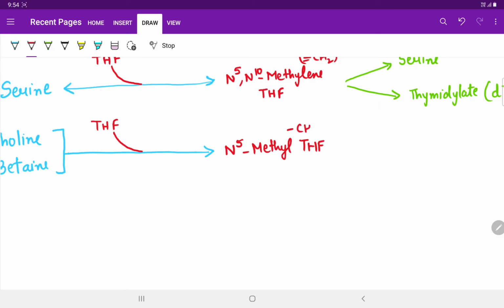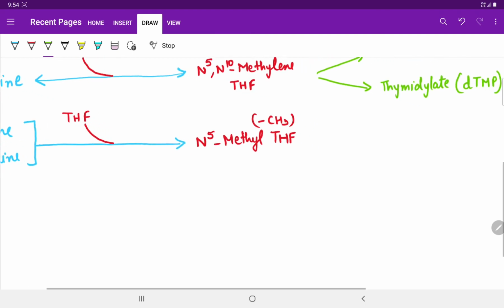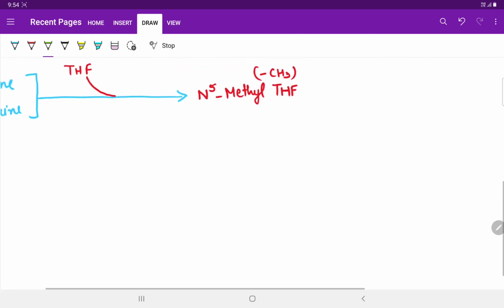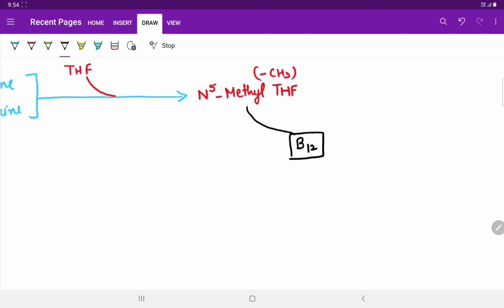So methyl will be CH3. And this leads to entry into the cycle with vitamin B12. So how does this entry occur? This leads to combination with vitamin B12 and leads to formation of methionine.